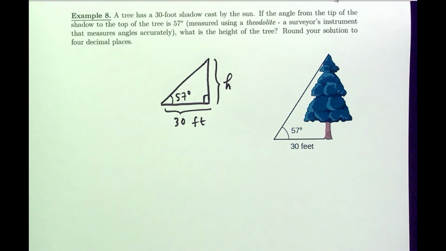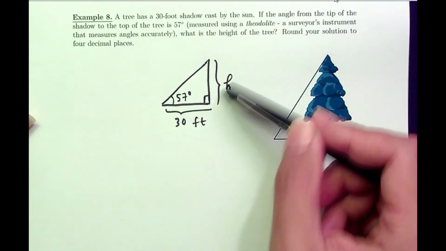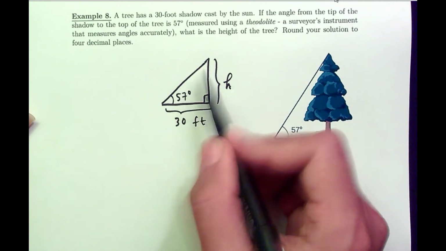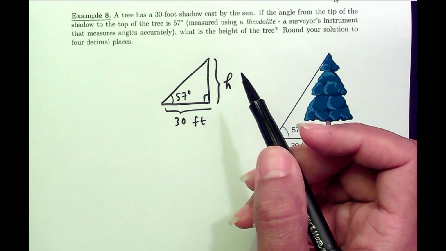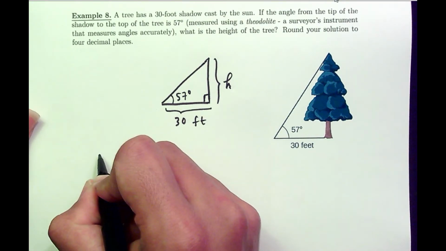If you said tangent, then you're correct. Tangent relates the opposite side and the adjacent side. By SOHCAHTOA, you can see sine and cosine utilize the hypotenuse, which we don't even know at this point. So let's use the tangent.